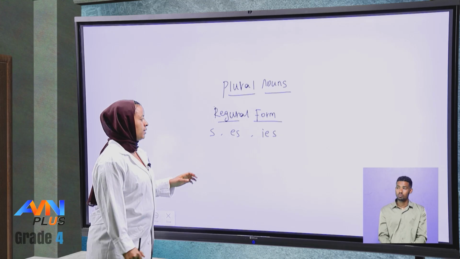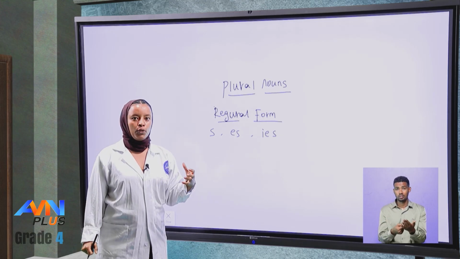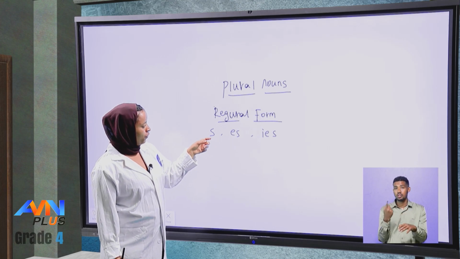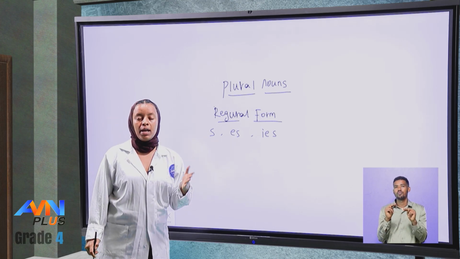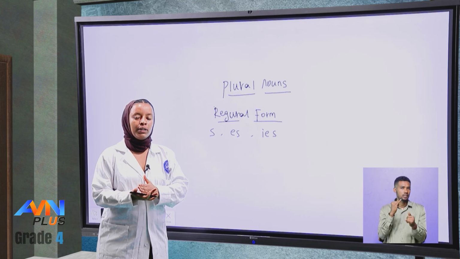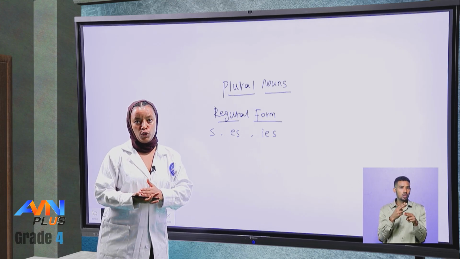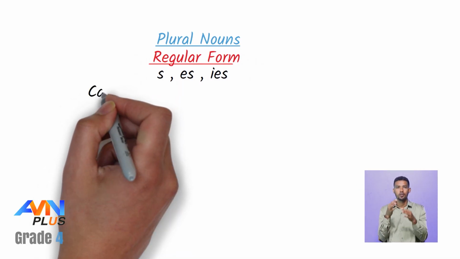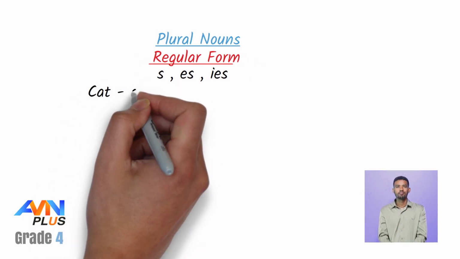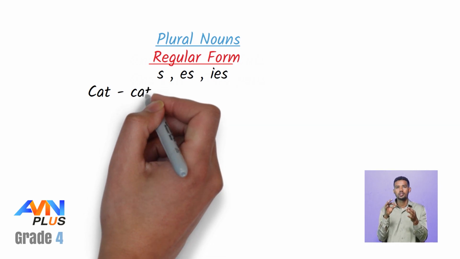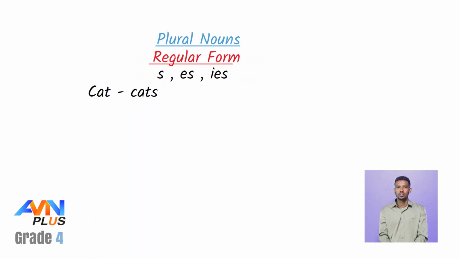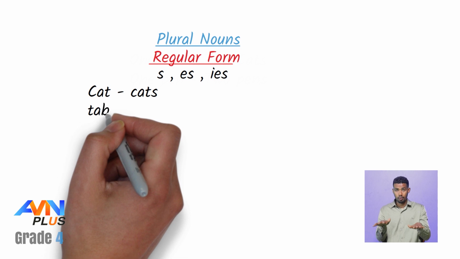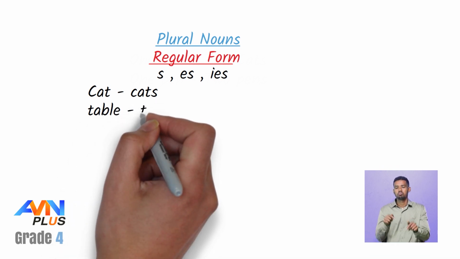When we come to s, this is the usual form we can use for regular nouns. Add s at the end of the noun, like the example before: cat, cats. Table, tables.